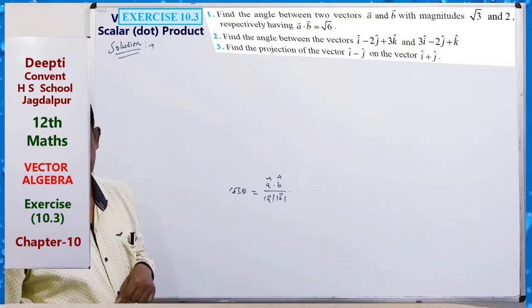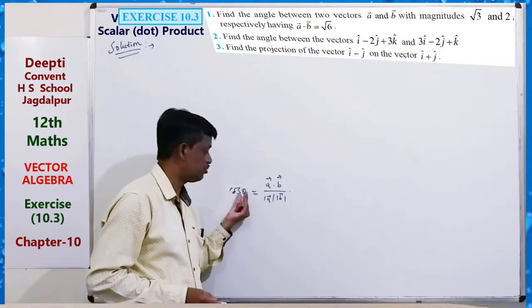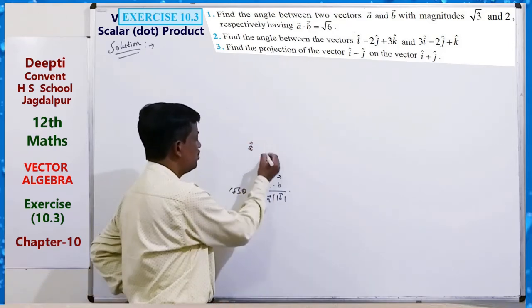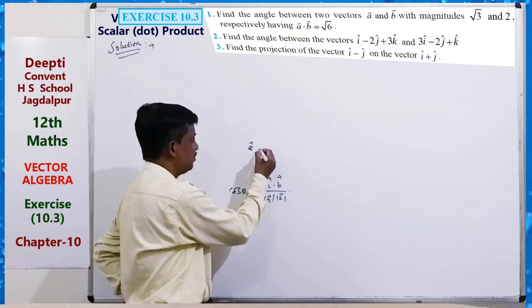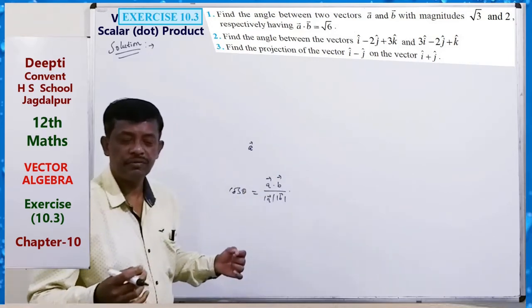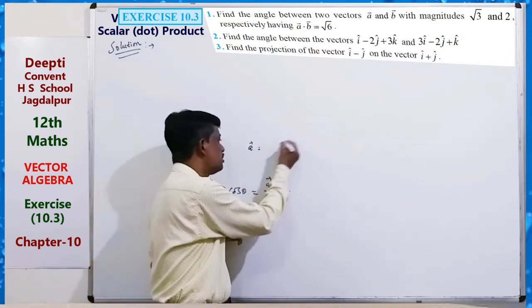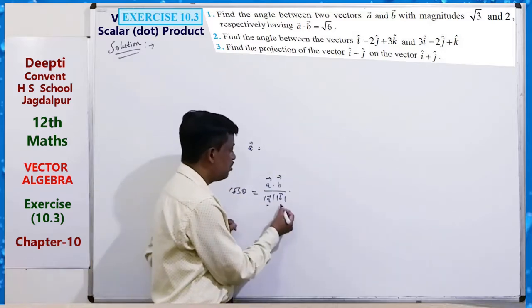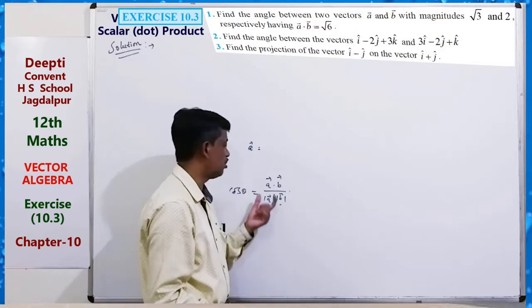Here we have to find the value of theta. The vectors may be given in terms of components, or the values of modulus of A and B and the dot product may be given.